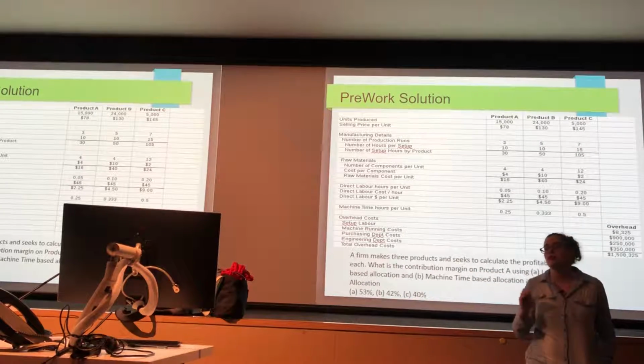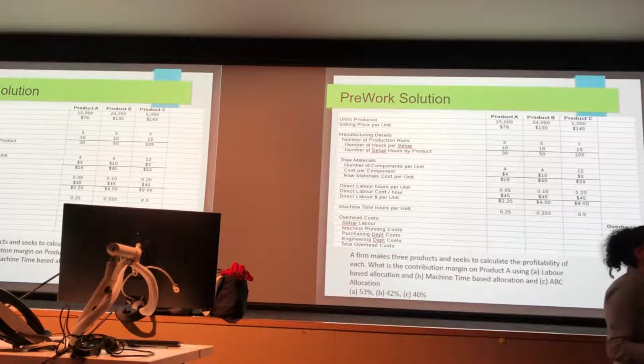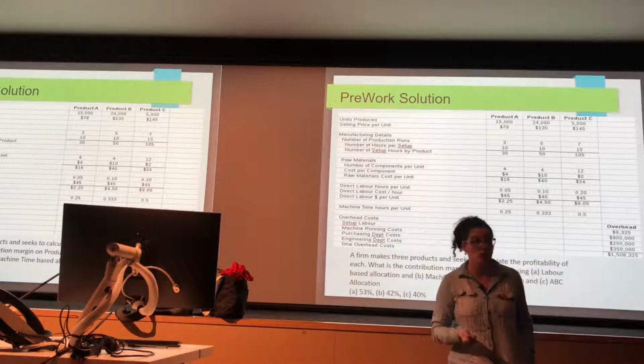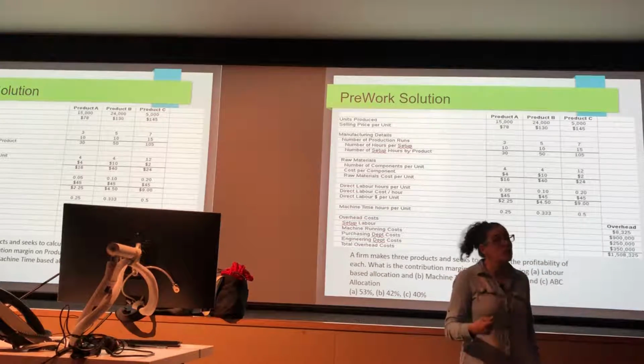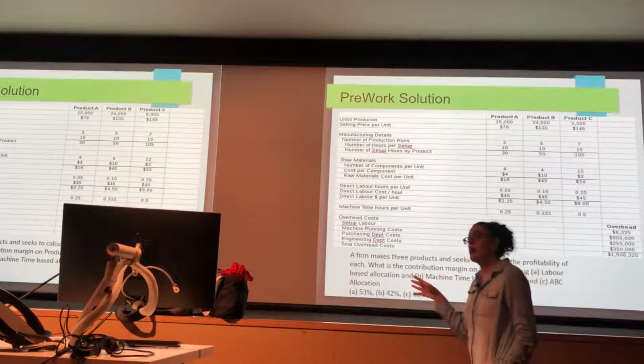What is the main difference though? It is a very expensive, time-consuming methodology. So we would use this where the numbers and the cents are critically important. A lot of businesses will use machine or labour if they're a smaller business. The bigger they get, the more they'll use ABC.